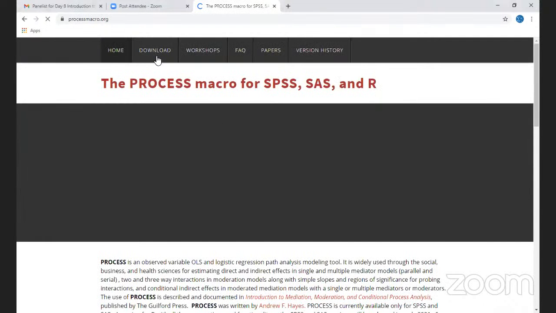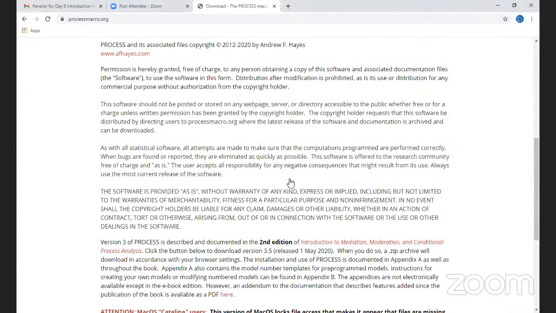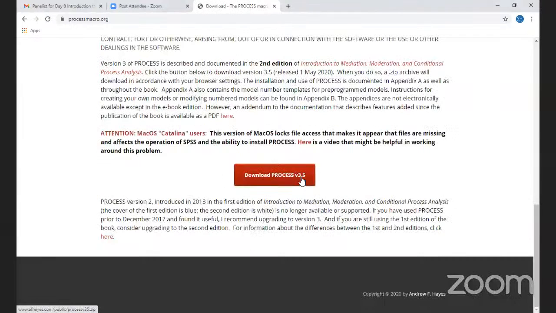Go to download, and then come downward, and here you can see the download process macro. Process 3.5. After 1 or 2 months you will see 3.6. They keep updating this macro.